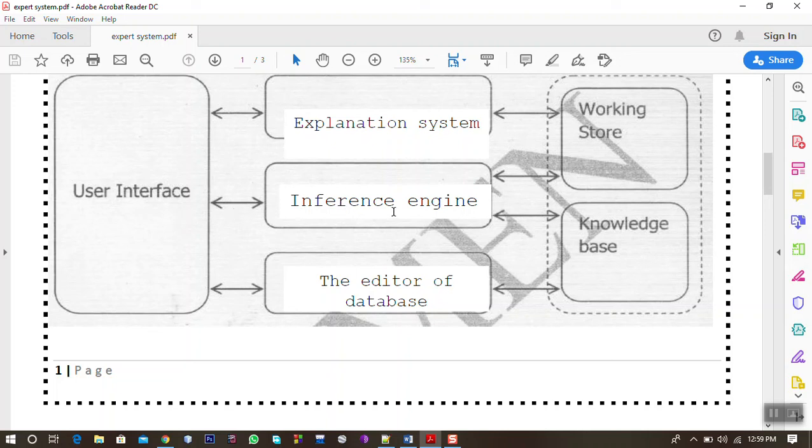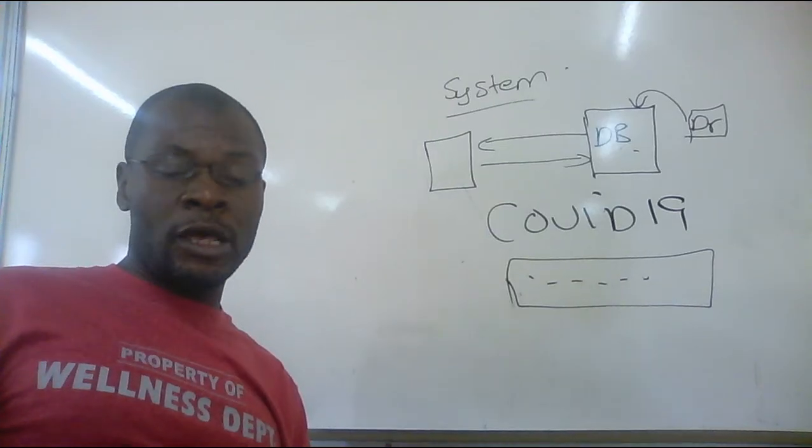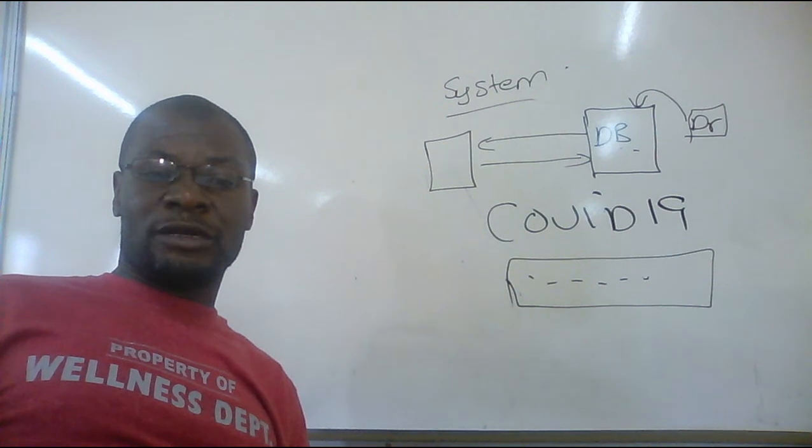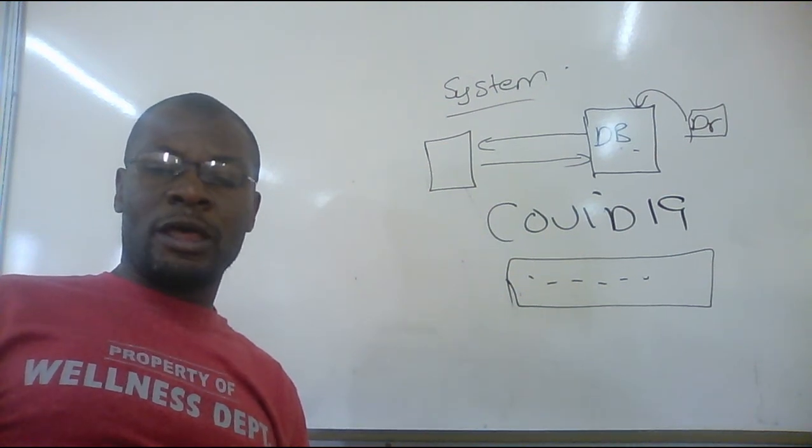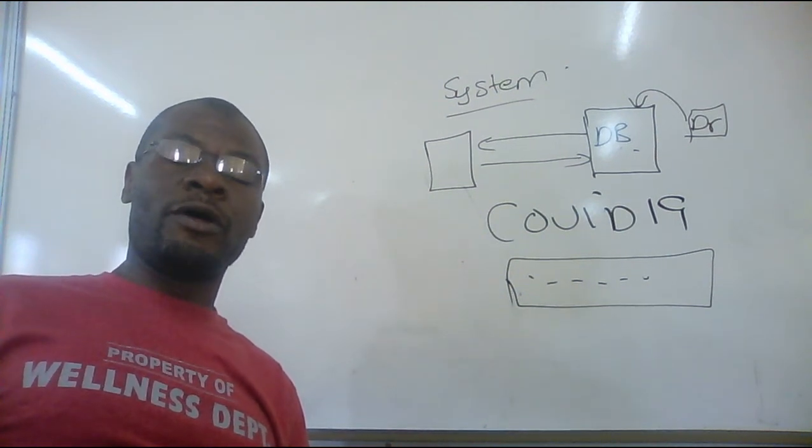Then the inference engine provides a platform for you to work with the knowledge base. Then the response from the knowledge base is pulled by the working store to provide you with the explanation of what you sent into the system. Then the editor of the database simply means you updating or deleting something from the database which is of no use anymore. So those are the short summaries about an expert system.